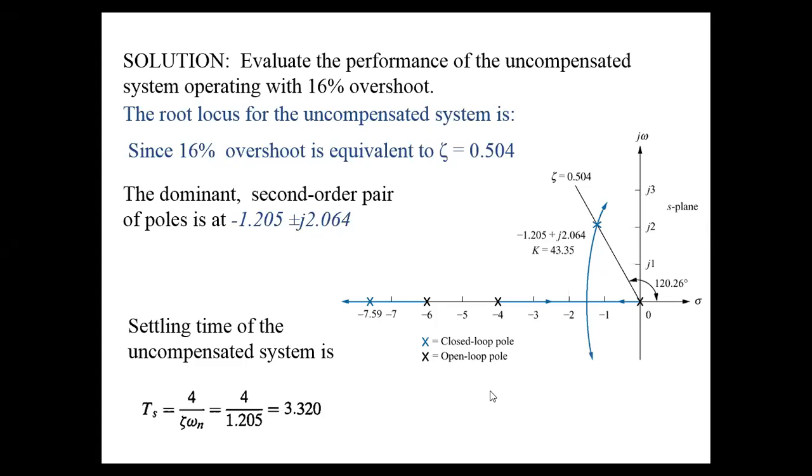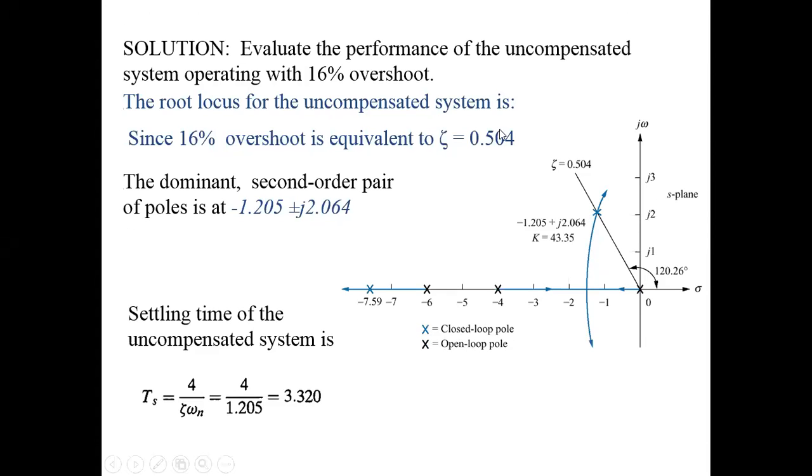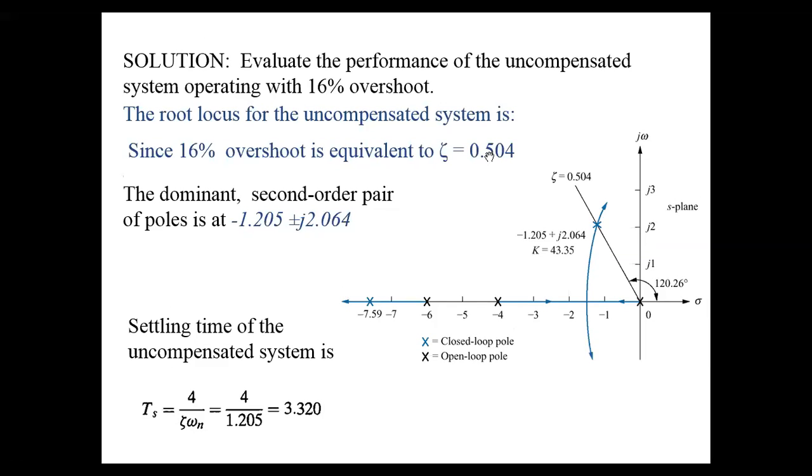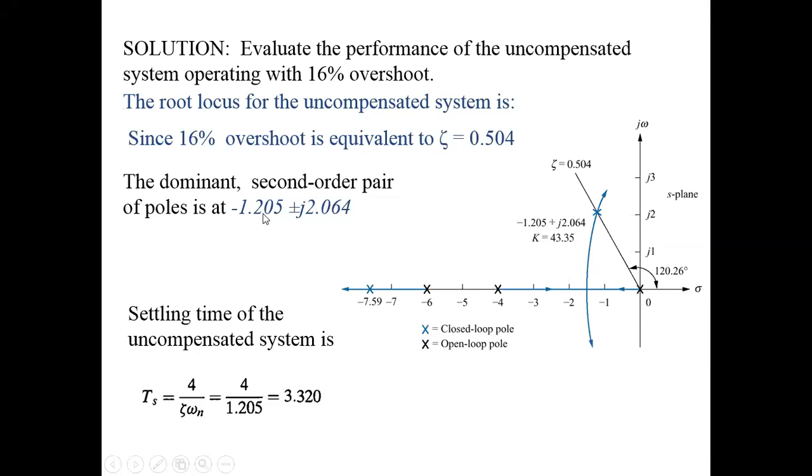Since 16% overshoot is equivalent to a damping ratio of 0.504, we will search along the damping ratio line for an odd multiple of 180 degrees and find that the dominant second order pair of poles is at minus 1.205 real portion, and this is the imaginary portion, so complex conjugate poles.